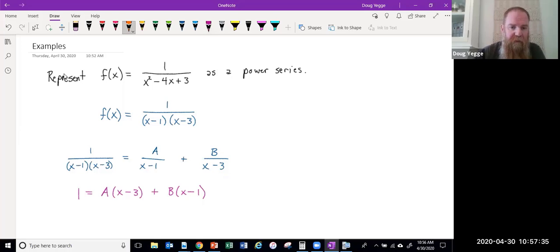So if we let x equal 1, and we let x equal 3, then this is going to cancel if x is equal to 1, which gives me a is negative 1/2. And if we let x equal 3, then this would cancel, which would mean that b is equal to 1/2.